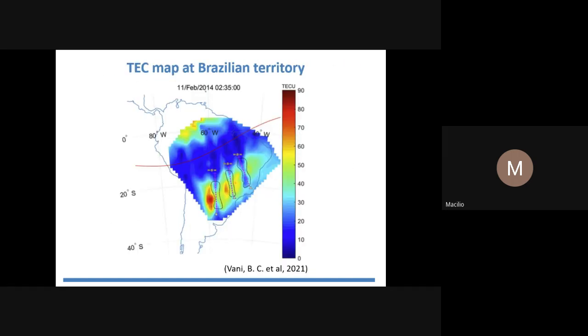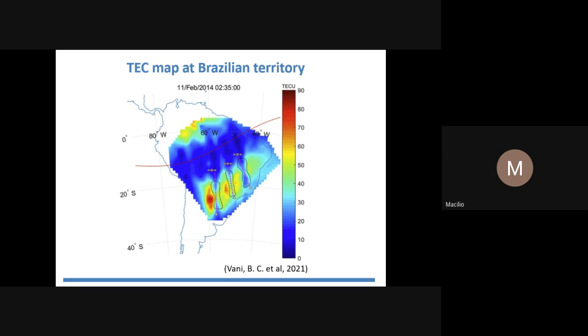This figure was taken at this date and shows the electron density above the Brazilian territory.